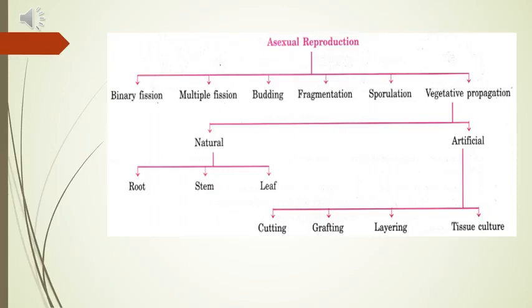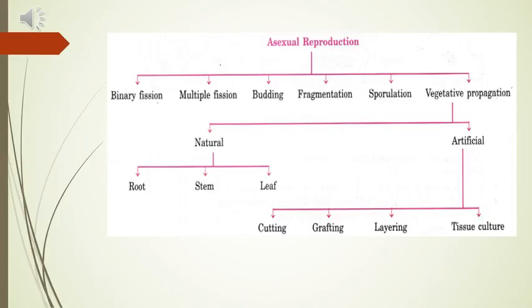In the plant. If you talk about vegetative propagation, again it is categorized into two that you are seeing in this PPT, that is natural and artificial vegetative propagation. What is the meaning of vegetative propagation? That we will discuss in this chapter when we reach there. So here I am just giving a brief introduction of different types of asexual mode.